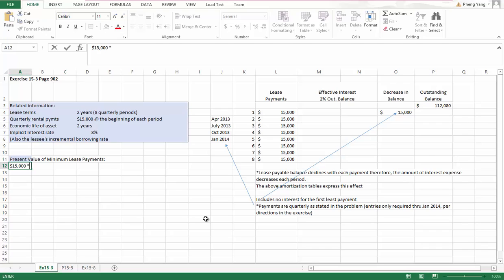All we had to do was use table 6 of your present value table.